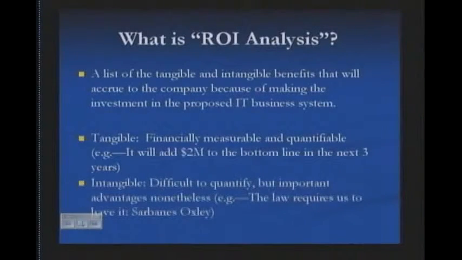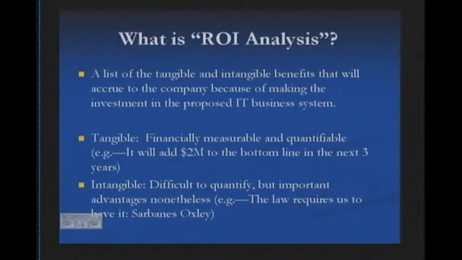An intangible benefit is a benefit that people recognize will be a benefit to the company, but it's not always obvious what the financial quantification of that benefit is going to be. For instance, if we put in a new customer service system, a new CRM system, let's say, we can get agreement broadly throughout the company that this is going to increase customer satisfaction, which will result in increased sales, but that's about as far as the agreement goes.